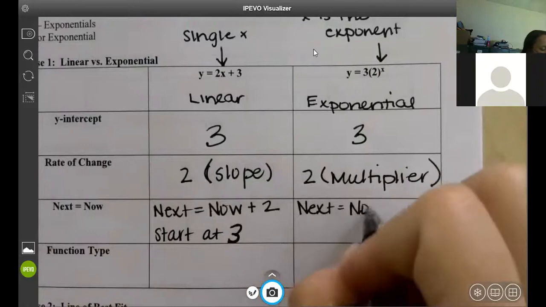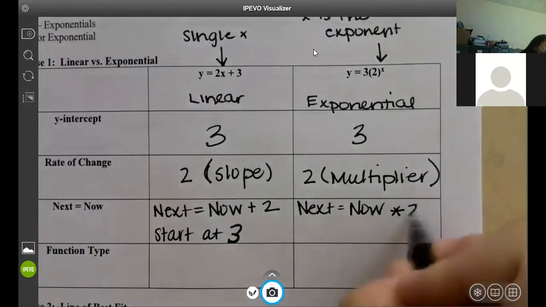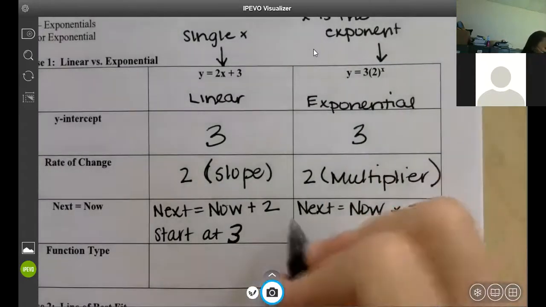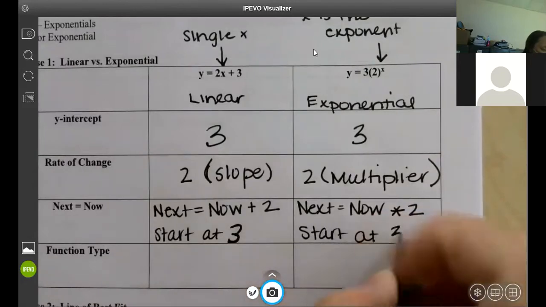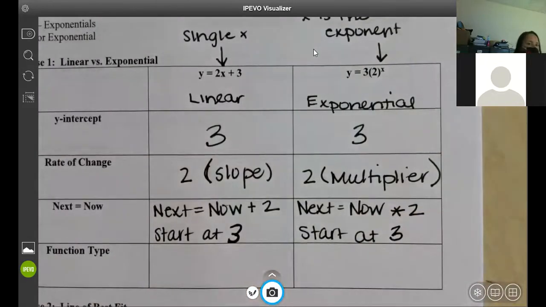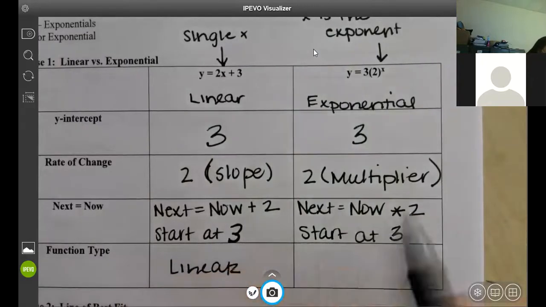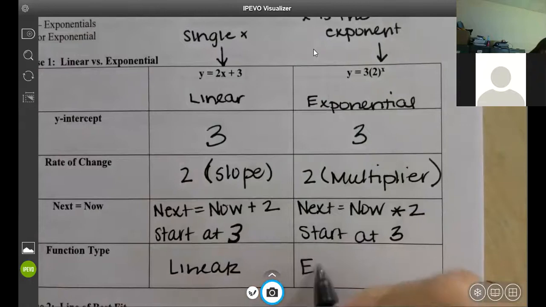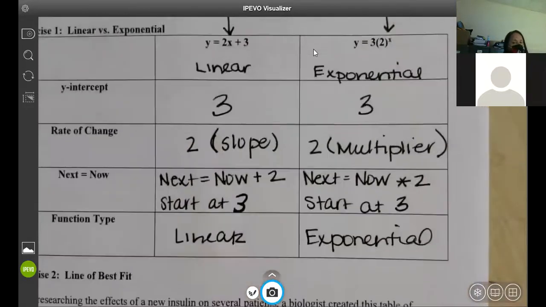For exponential, it looks almost exactly the same, except it's called a multiplier because we multiply by 2. And we started at 3. And like I've already told you, the function type, the first one is linear. The second is exponential.